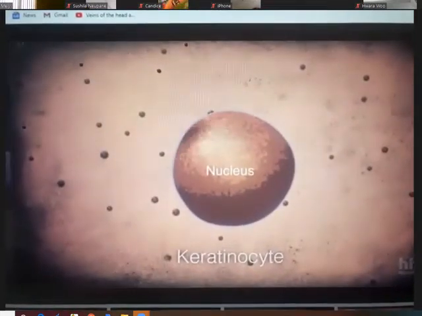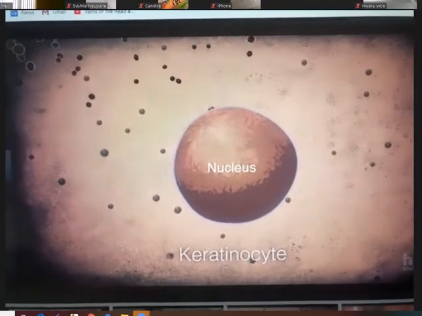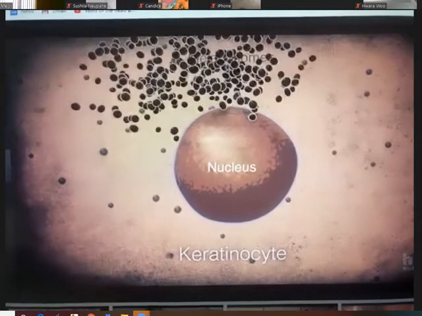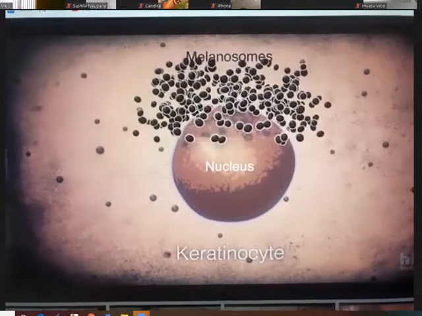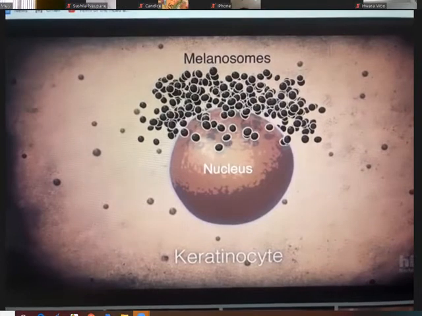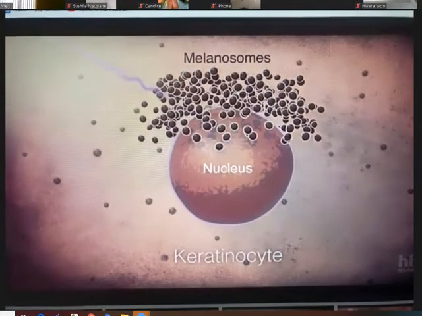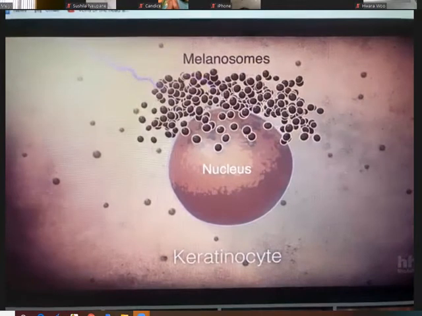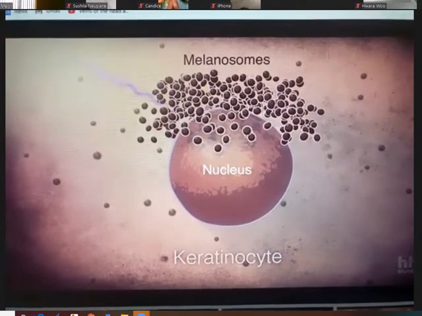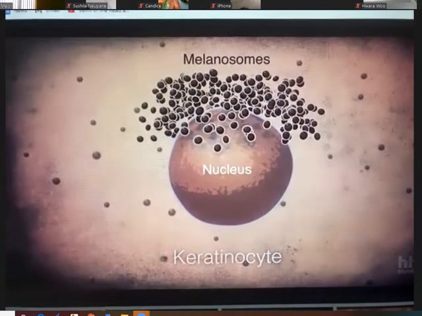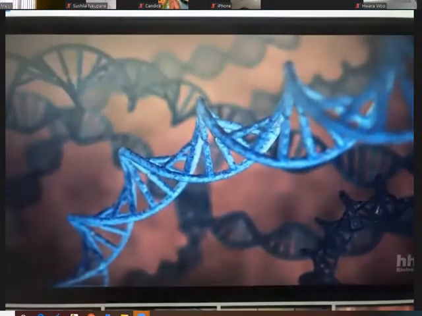Inside the keratinocytes, some melanosomes form a cap around the cell nucleus. The melanin inside the melanosomes absorbs the ultraviolet energy from sunlight, reducing the amount of ultraviolet radiation that reaches the nucleus, and in particular, the DNA inside the nucleus.